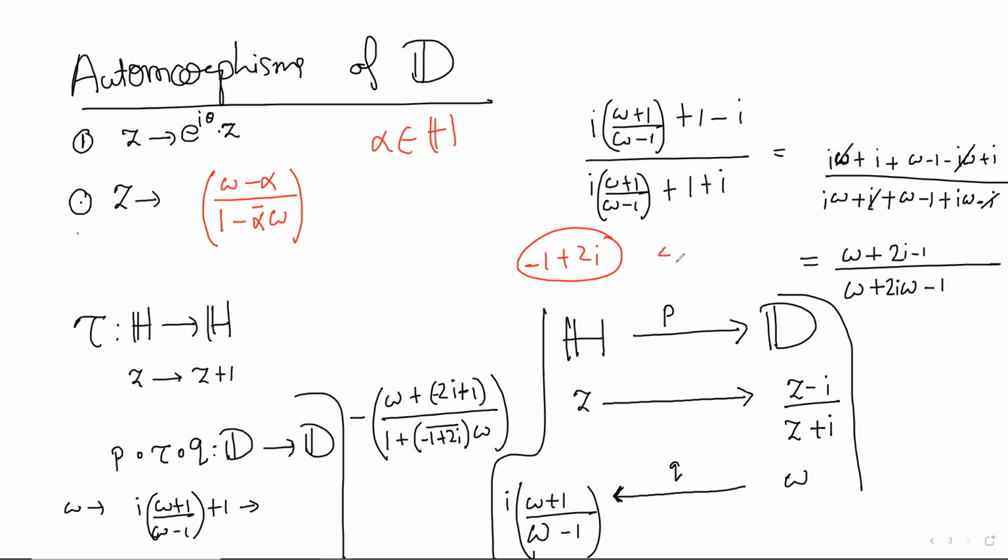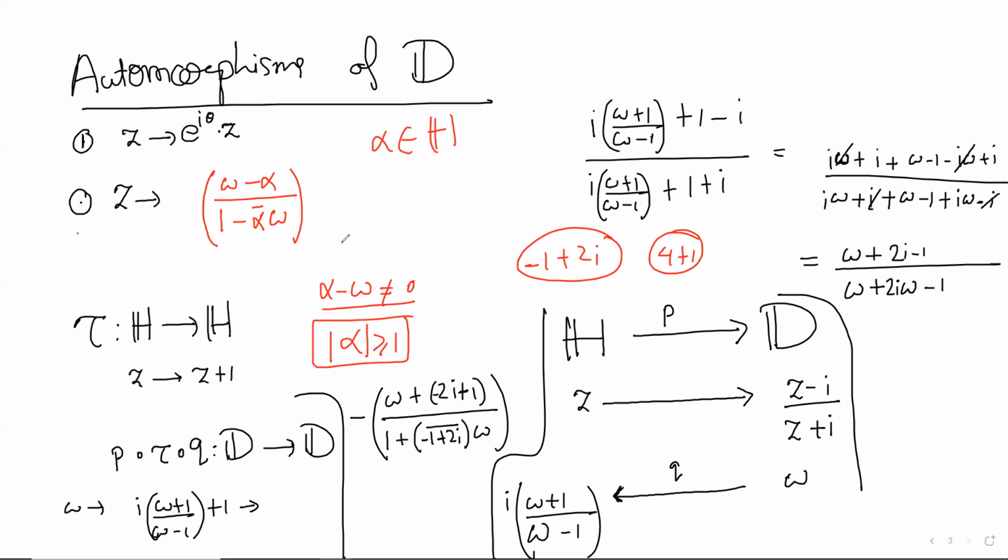Something is wrong. Yeah, so norm of omega should be at least 1. That should be the condition.